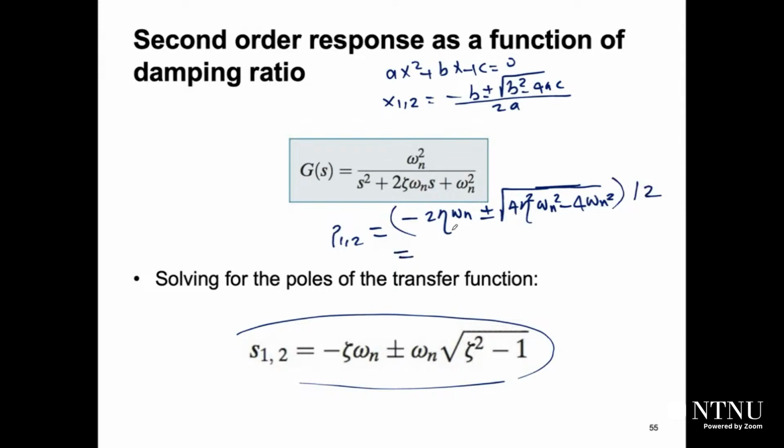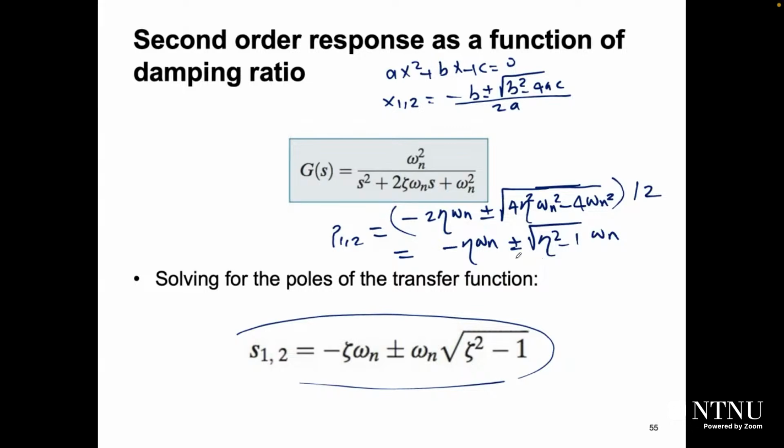So this divided by 2 will be minus zeta omega n plus or minus, this will go out by omega n, and 2 divided by 2, the square root of zeta squared minus 1 multiplied by omega n.